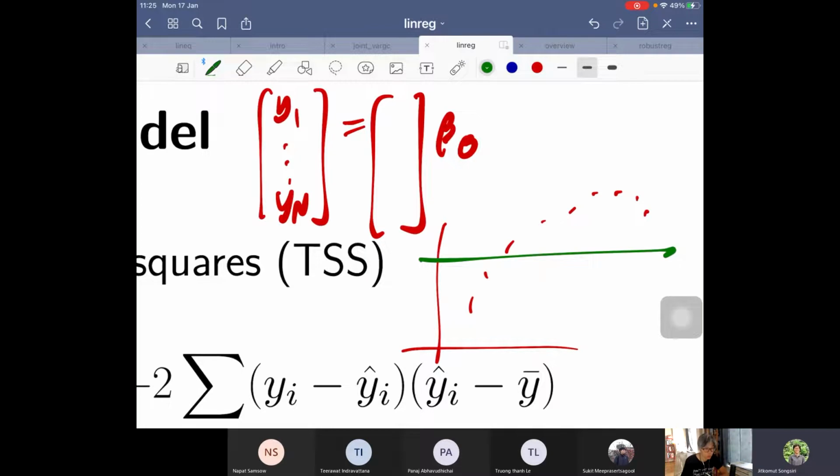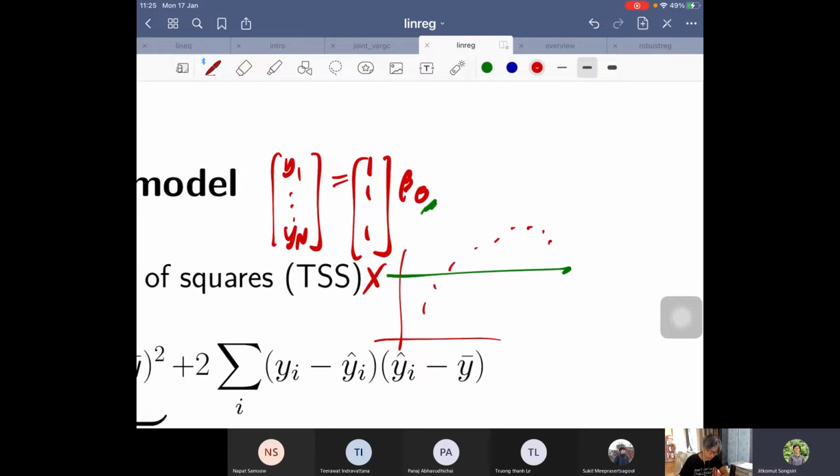What would that constant be? That is beta 0. And in terms of the vector form of the regression, my regression matrix X would be a matrix of all ones. And my beta hat would be the closed form. What is it? Napat.